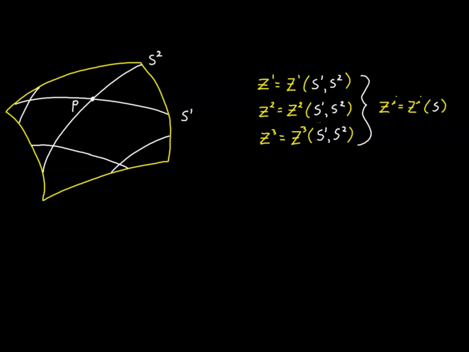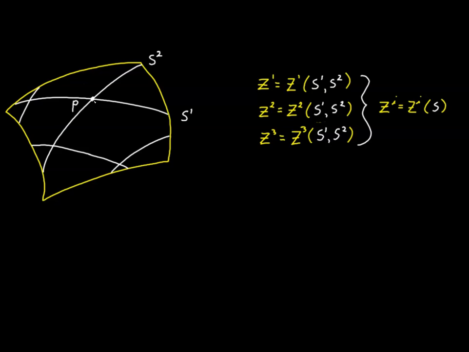Okay, now we do have one problem, and that is that we cannot establish a position vector using coordinates S1 and S2 on a curved surface like this. That's because a position vector only works in Euclidean spaces. However, since our surface is embedded in a Euclidean space, then we can make use of a position vector that originates in our Euclidean space or ambient space. So that's what we'll do.